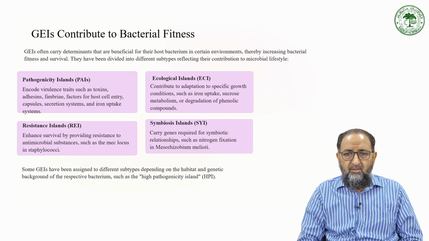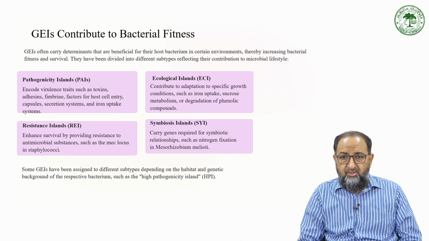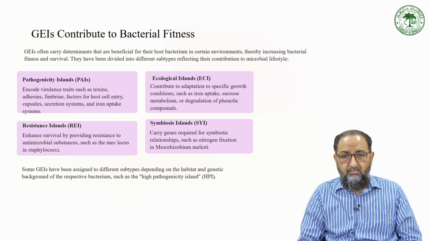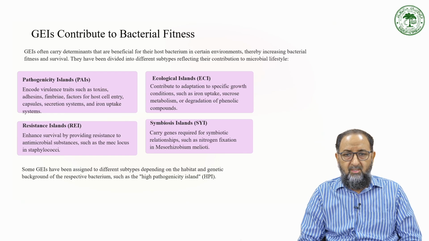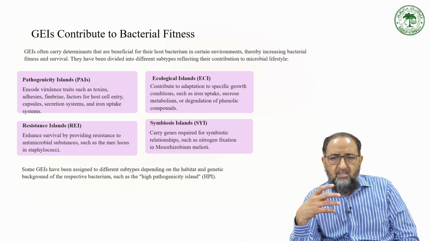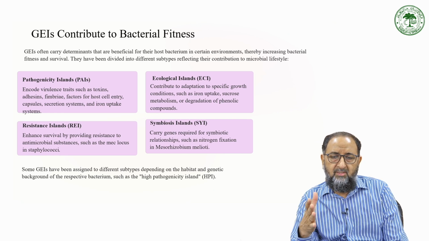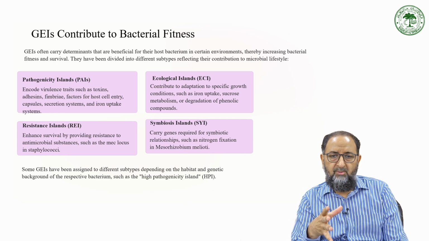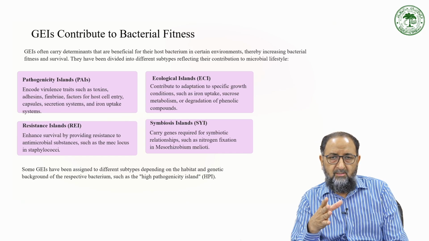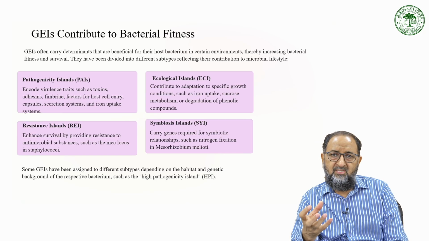Similarly, symbiosis islands carry the genes which provide for the symbiotic relationship, such as nitrogen fixation in the case of Mesorhizobium species. These regions allow these bacteria to survive in the root nodules of leguminous plants, and they fix the nitrogen for the plant.